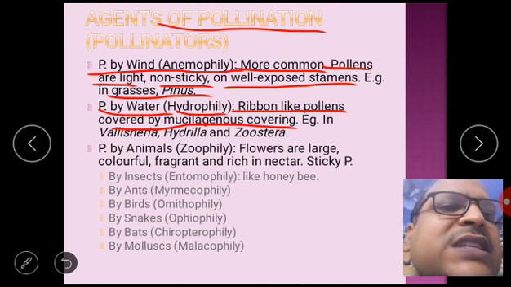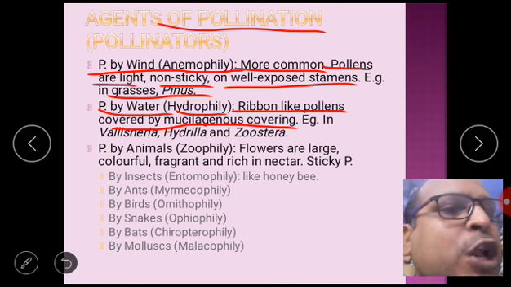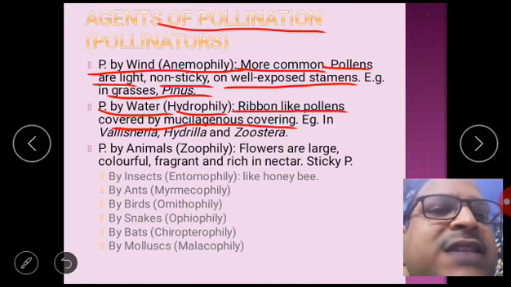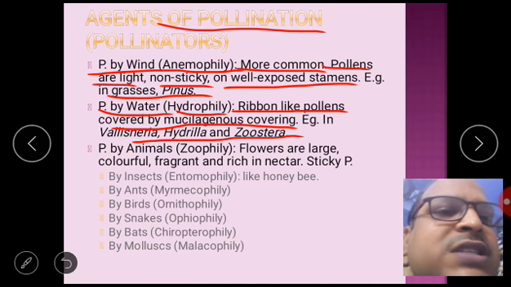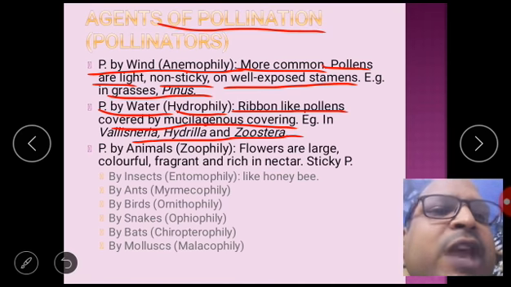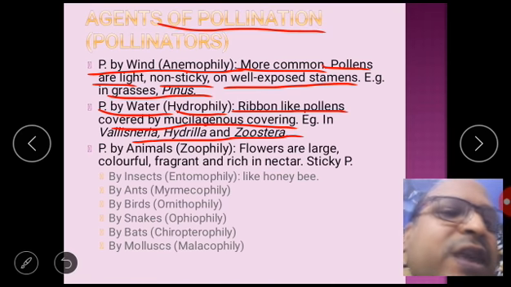Why is this mucilaginous covering required? This is required for protection. Now, what are the examples? The examples are Vallisneria, Hydrilla and Zostera, and some others also. Here I want to tell you, Vallisneria and Hydrilla are freshwater plants and Zostera is a marine water plant.